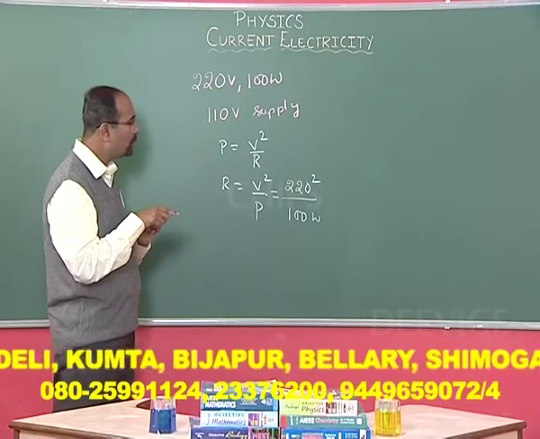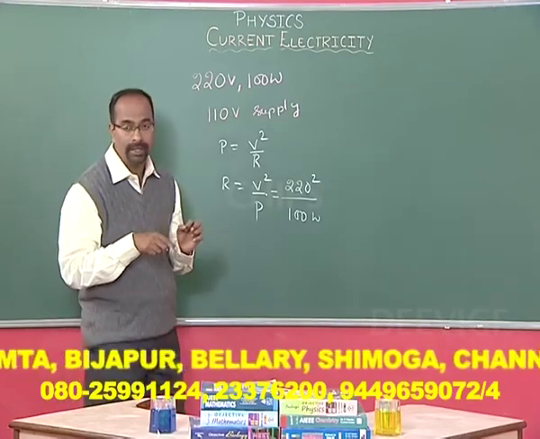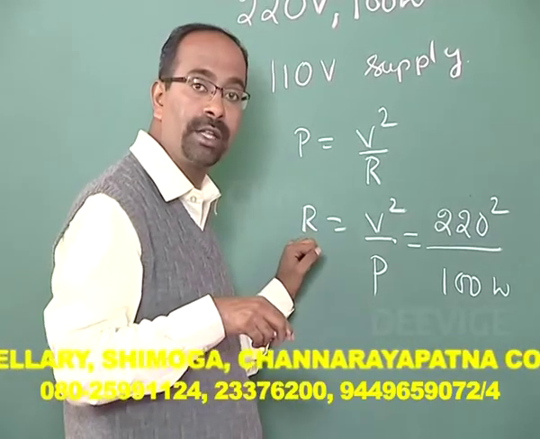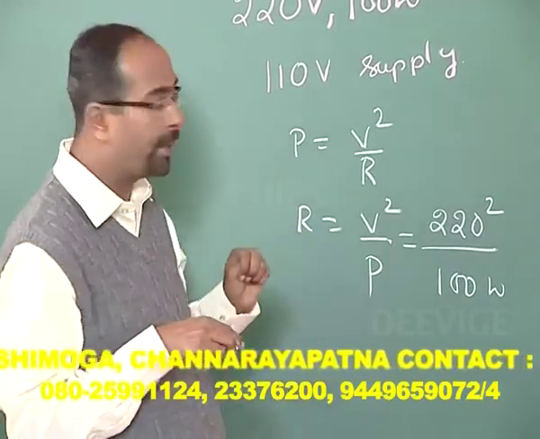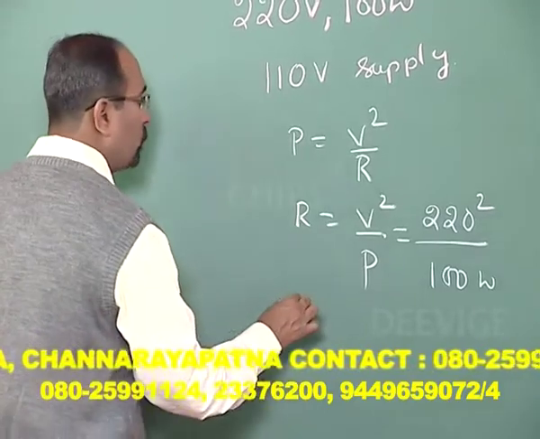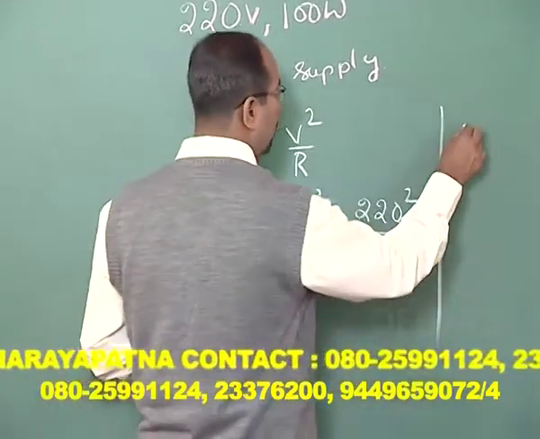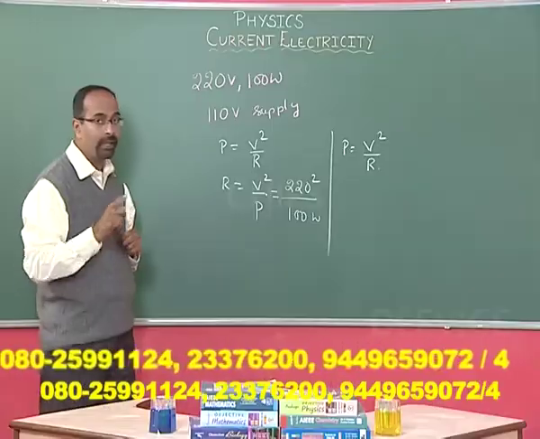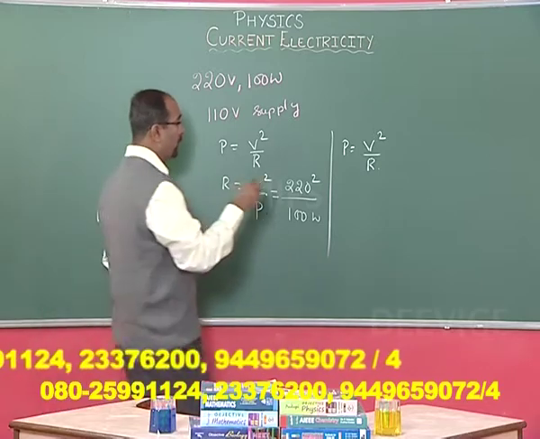Now the question is, what is the wattage or what is power consumed with this resistance and supply voltage is 110. For that, we can use a simple formula, that is once again P is equal to V square divided by R. What is V here? Don't take 220, you have to take 110.